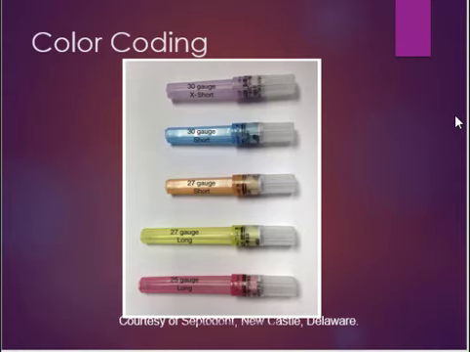The manufacturers of the needles determine their own color codes. Here, and I think it is the same at the school, 25 gauge is red, 27 gauge is yellow, 27 gauge short, 30 gauge short, and then the 30 gauge extra short.